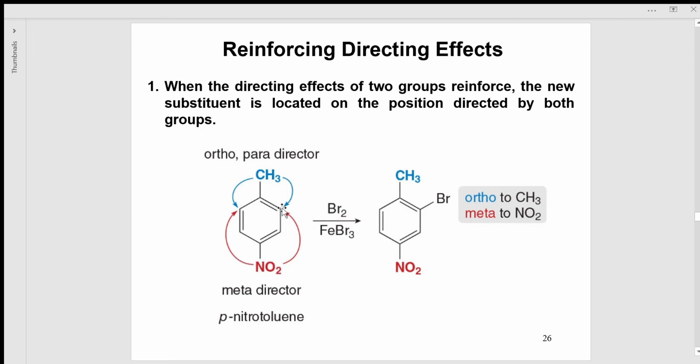This is also an ortho position relative to the methyl group. So both effects, either from the methyl group or from the nitro group, prefer the reaction to occur at this position. If we do the experiment, we can confirm. So this will be the final product.